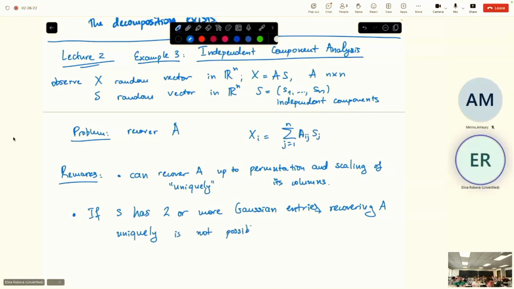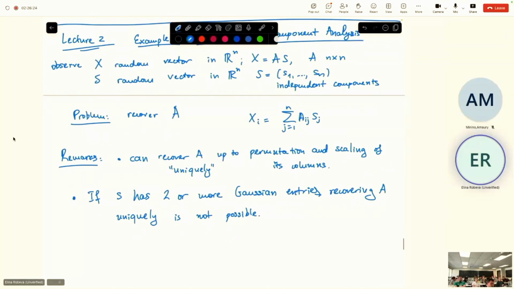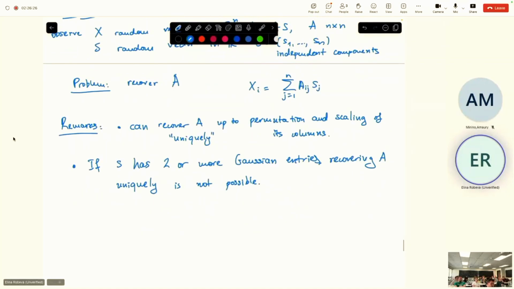I don't know if people are familiar with the Gaussian distribution, but maybe I can just give an example because I think this is a very interesting observation. Let's say we have two random variables, s1 and s2. They're both standard normal, 0, 1, and they're independent.